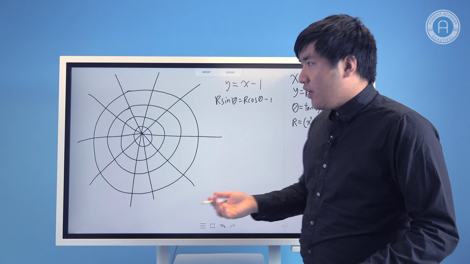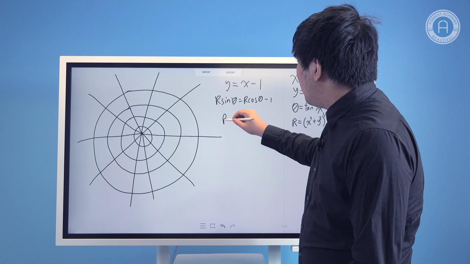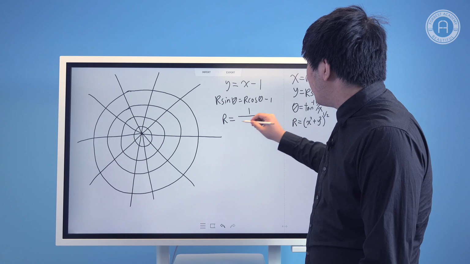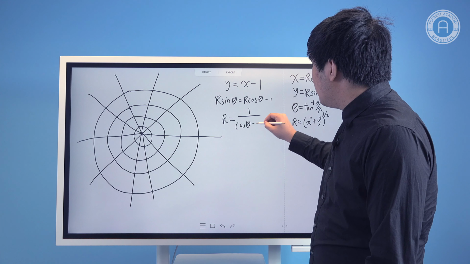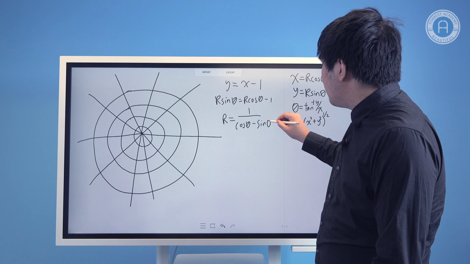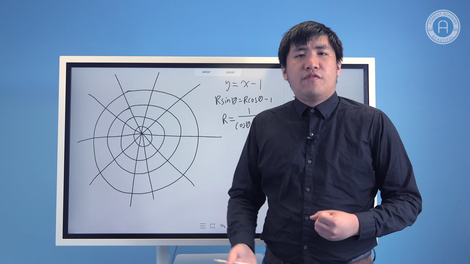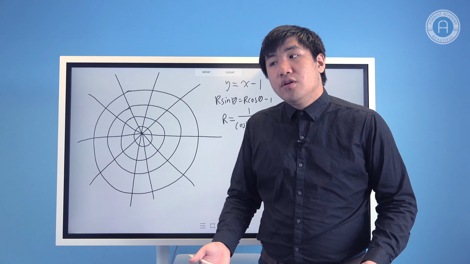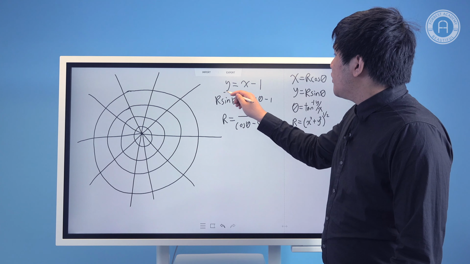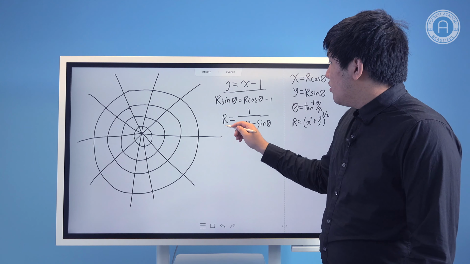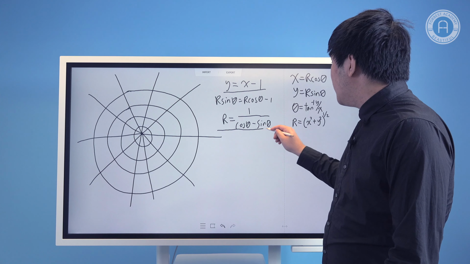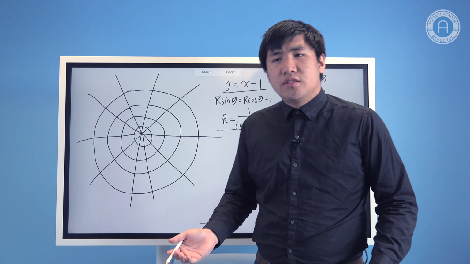And if we do some rearranging, we'll see that r is equal to 1 over cos theta minus sine theta. So now, when we're dealing with a function without radial symmetry, we go from a relatively simple equation to something that's quite a bit more complex in polar coordinates.